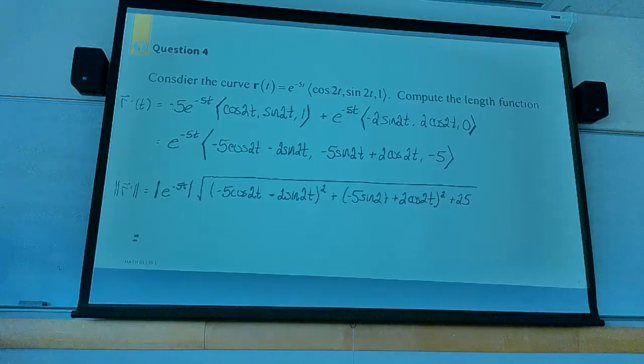Positive, right? We don't need the absolute values. Square root. Okay. Now I have to expand out those two terms.